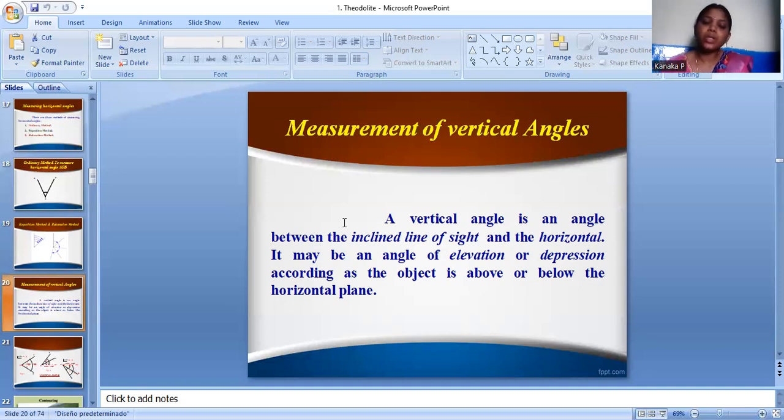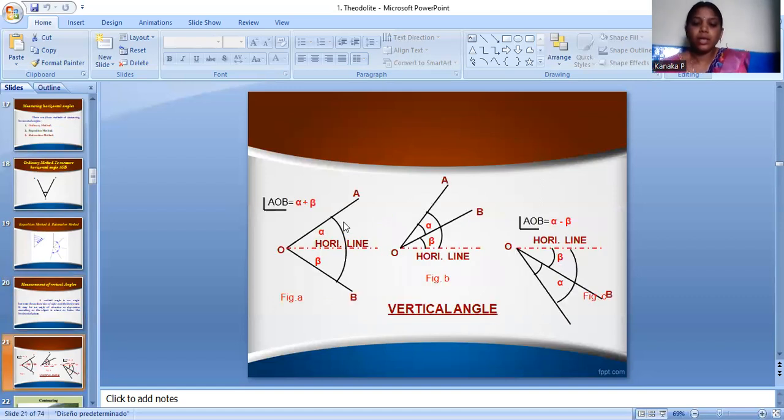First, the instrument is set at the station O and accurately leveled. The object A is bisected as explained in the previous procedure, and the reading is noted as theta1. Similarly, object B is bisected and the angle recorded as theta2.